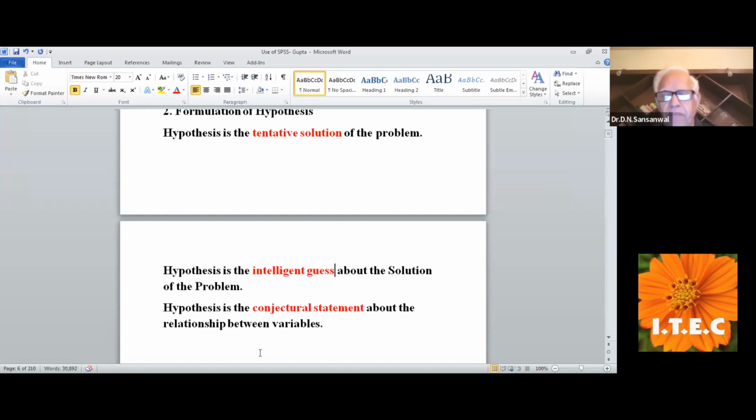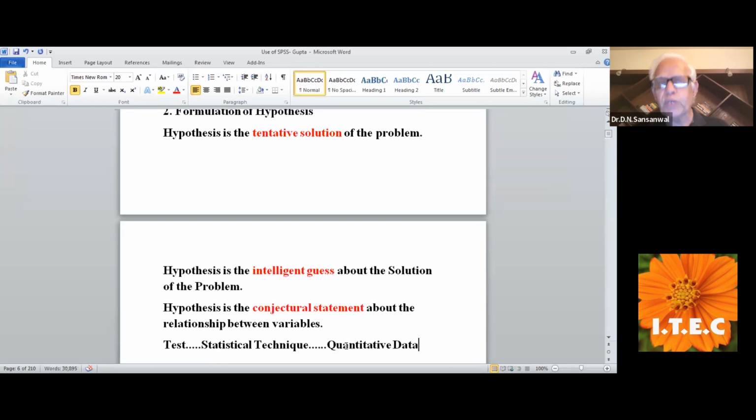Okay, so that means in social science, we test the hypothesis, and for testing we need a statistical technique. And if you have to use the statistical technique, you must use quantitative data. Now, please listen carefully.